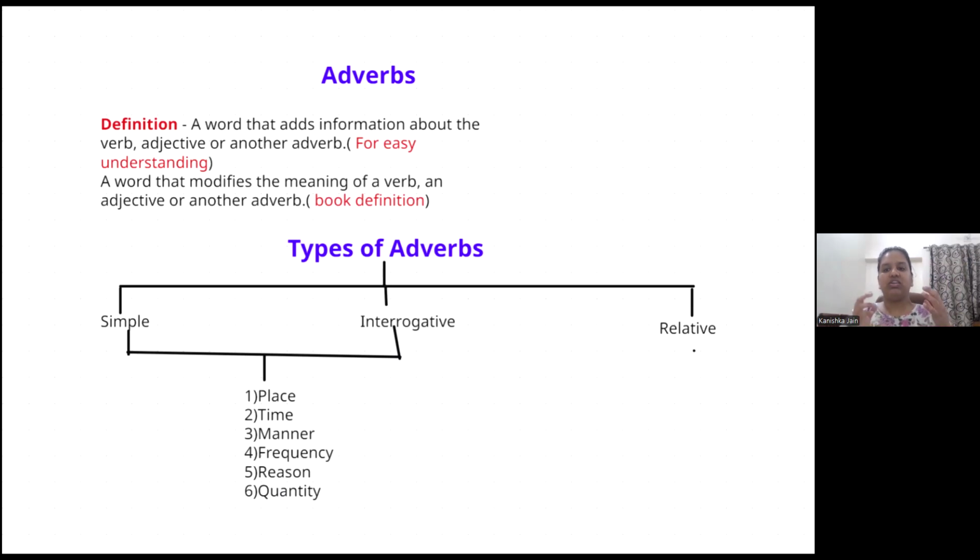So whenever there is an interrogative question of quantity, can you guess what would be the word? It is how much. Because much is also a very vague way of asking something. So if you know it, you know it. So the interrogative adverb is how much. Simple is simply a little, a lot: a little sugar in the tea. A lot of comments on this video. I hope so.